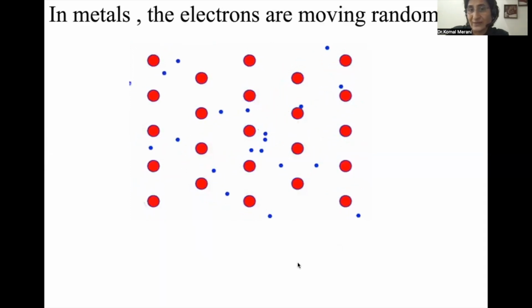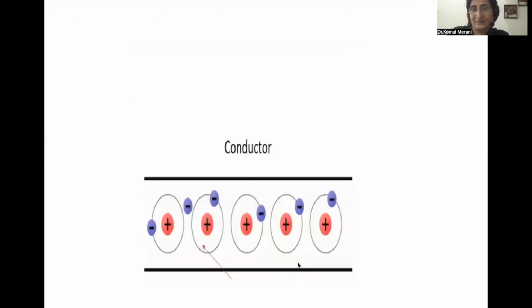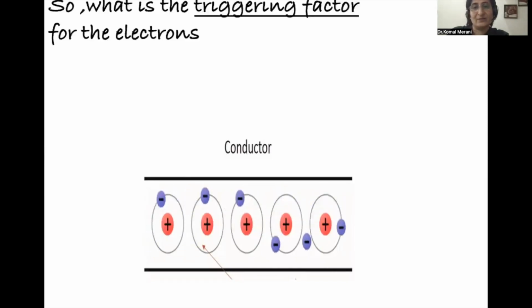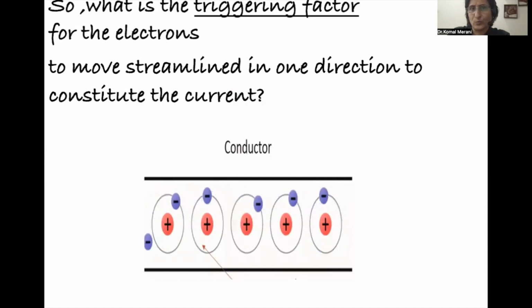Whereas when you dive into a conductor where the same metal wire is conducting electricity, the electrons are flowing in one direction. So, what is the triggering factor for these electrons which make them move streamlined in one direction?